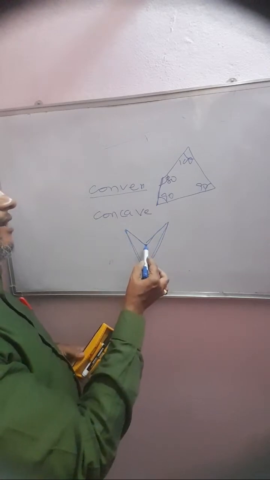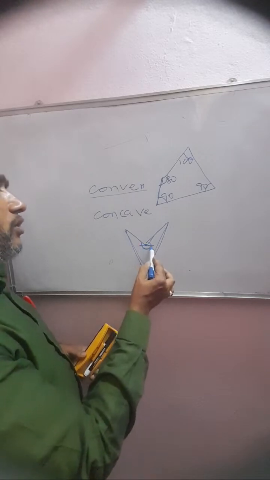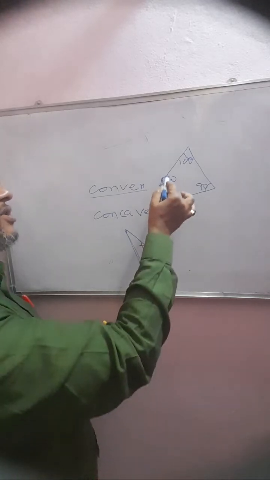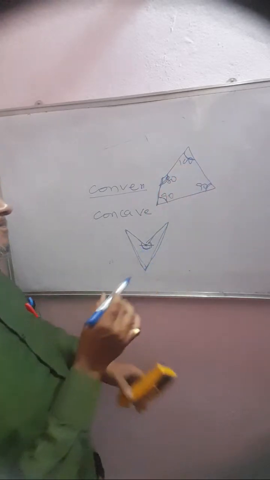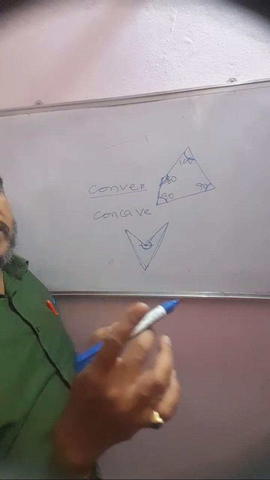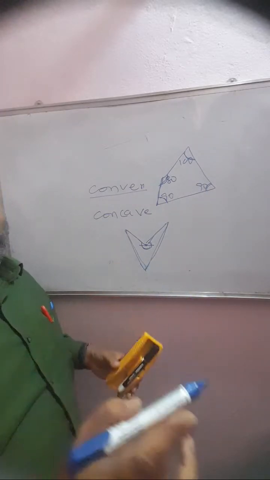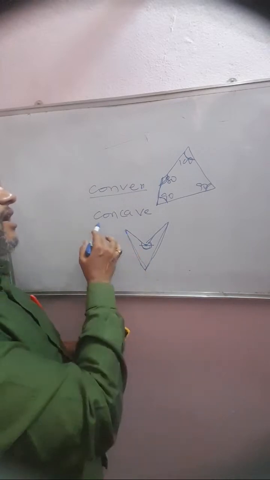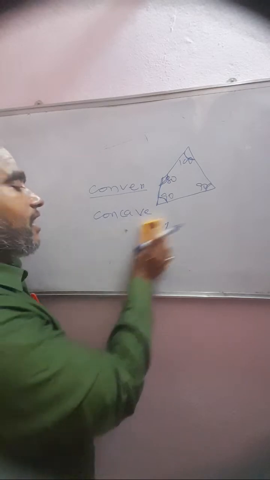Here one angle, when you draw a line segment, is coming more than the protractor. But here every angle is less than the protractor. Here this angle is more than 180 degrees. If at least one angle is more than 180 degrees, that is called a concave quadrilateral. Now in our 7th class we are learning only convex quadrilaterals.